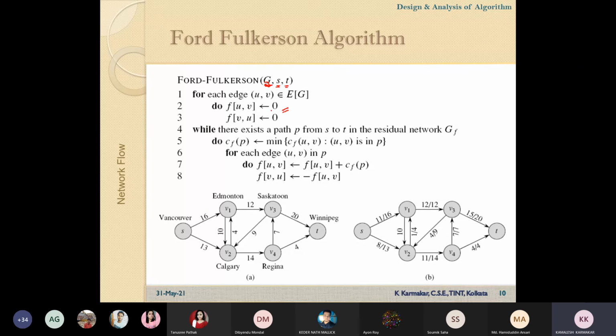F(U,V) indicates the flow in the direction of U to V, and F(V,U) represents the flow in the opposite direction. At the very beginning, we are considering that the flow in both of these directions is 0. Now we will try to calculate the maximum flow.